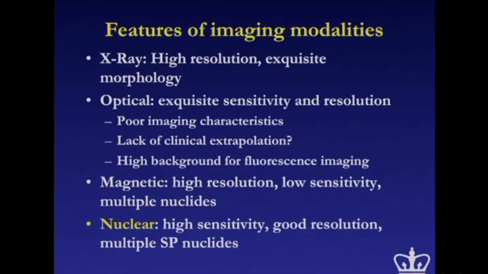The concentration of water, for example, can be used to determine whether a malignancy exists. The concentration of water can also be used to determine whether there is a stroke and the area around the stroke in the brain, for example. So a lot of functional information can be obtained from magnetic resonance, very exquisite structural resolution, but poor sensitivity in terms of molarity.